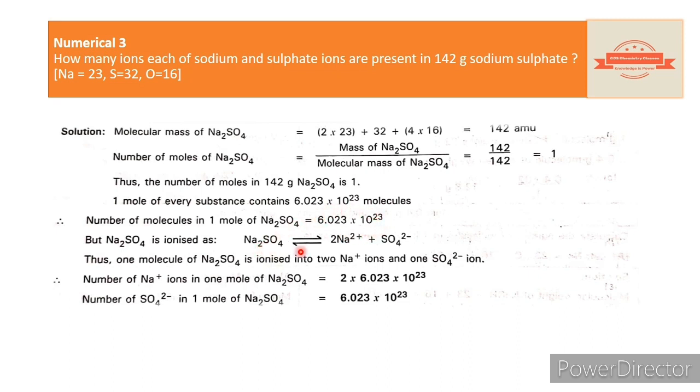From 1 molecule we get 2 sodium ions. Therefore total sodium ions present in 1 mole of sodium sulfate equal to 2 into Avogadro number, and number of sulfate ions will be equal to 1 into Avogadro number, because 1 sulfate ion is obtained from 1 molecule of sodium sulfate.